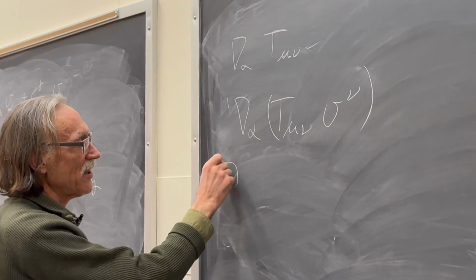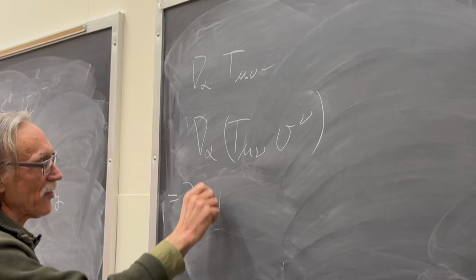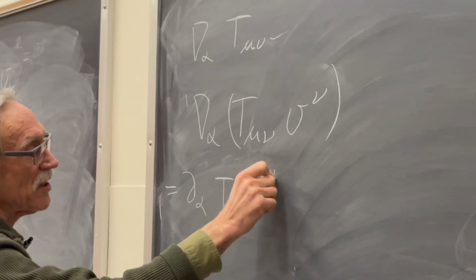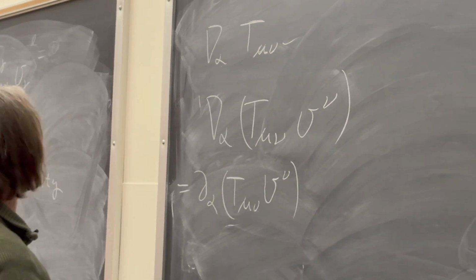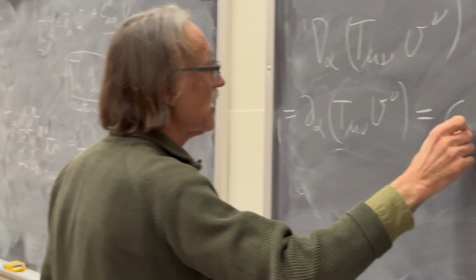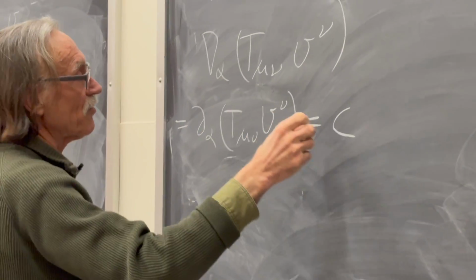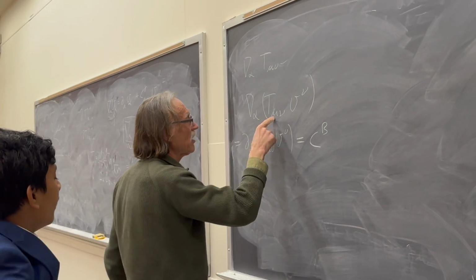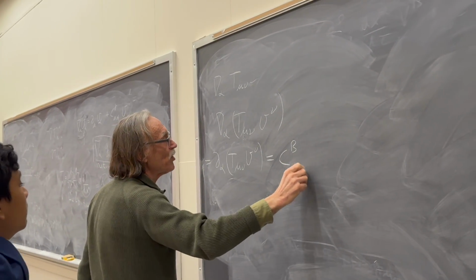That is d alpha of T mu nu times V nu. And then the second symbol, that is C. This is just a vector, so that is C, say, beta alpha mu.